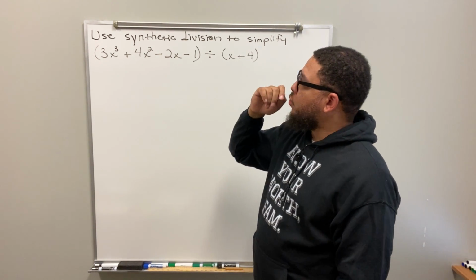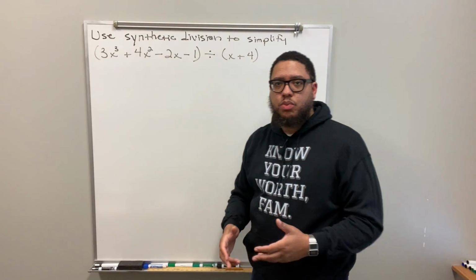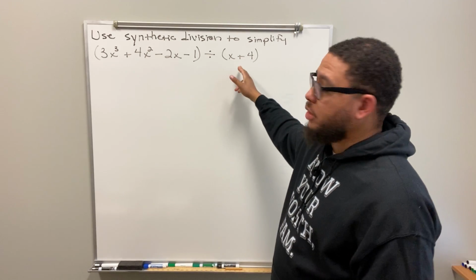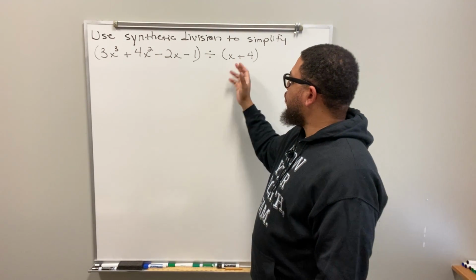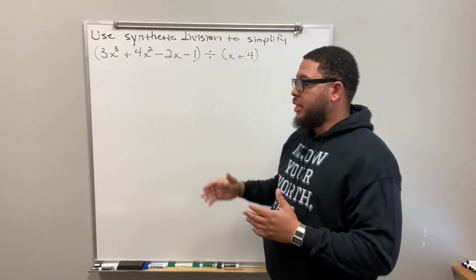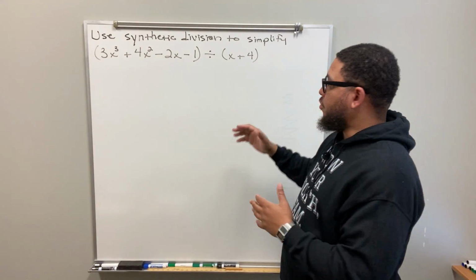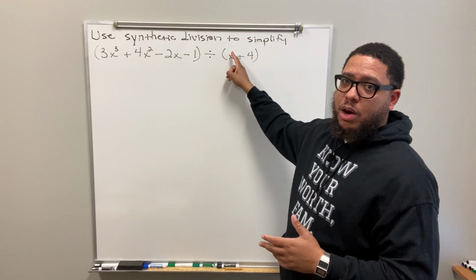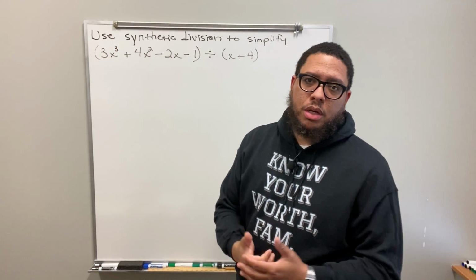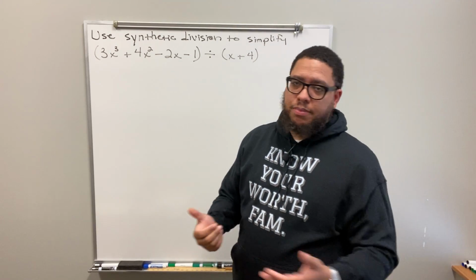Now, we can't use synthetic division in every situation. In this situation, we can use synthetic division because of what our divisor looks like, all right? Our divisor is to the first power, meaning the degree is 1, meaning the biggest exponent in the divisor is a 1. So we have x to the first power, right? If we had x to the second power or x to the third power, we wouldn't be able to use synthetic division.